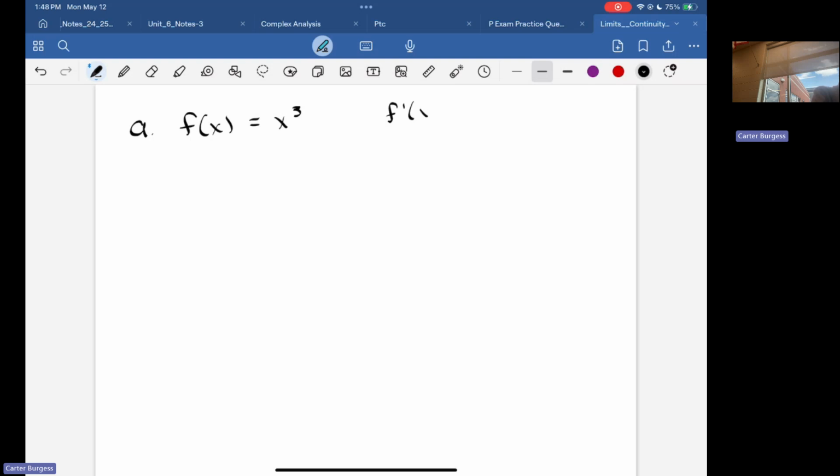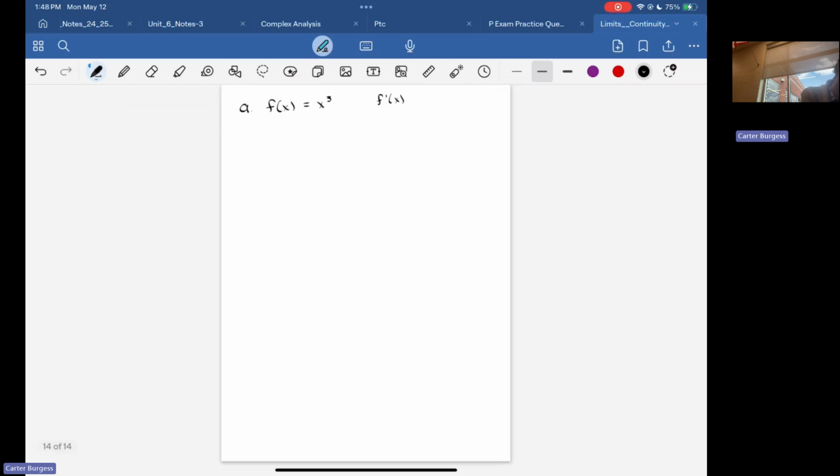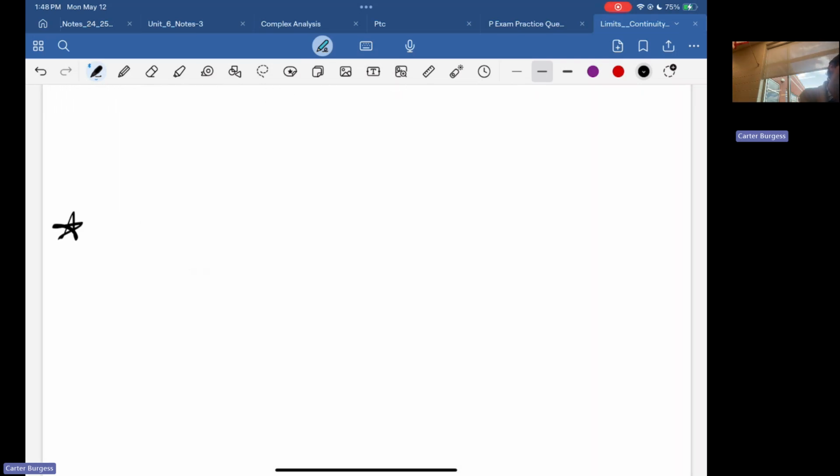Try to find what f prime of x is going to be. And then I'll give you an extended one. There's one very similar to this on the study guide. Let's try, what haven't I used? We'll do k of x is equal to 1 over x squared.